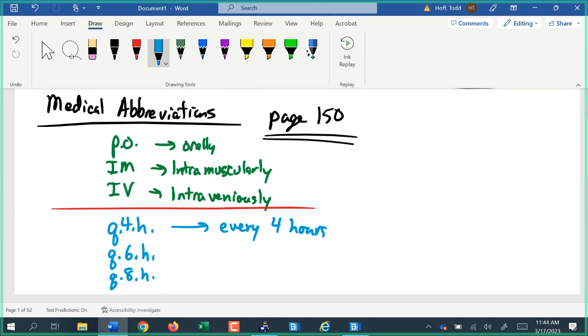Again, you need to know that frequency because if we're doing a safe dosage calculation, and the safe dosage is a certain amount every 6 hours, but the doctor has called for a certain amount Q4H, every 4 hours, then we've got to adjust that concentration to make sure it is safe based on the different administration intervals.